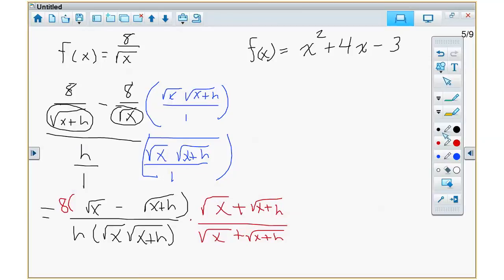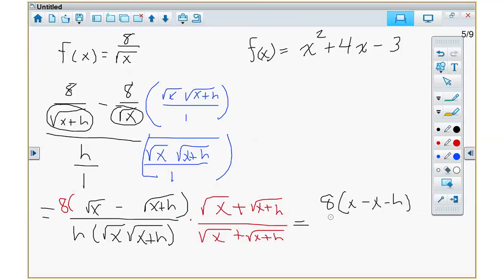Now, what's that going to give us on the top? Well, it's going to give us 8 times what? x minus x minus h.